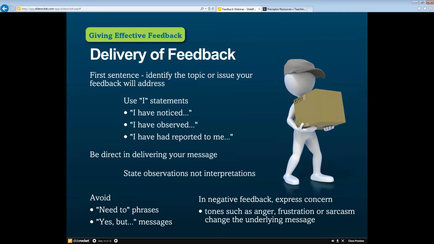The but statement, the yes-but. If you initiate your discussion and you say, you did a good job taking the history, it was very accurate, your review of systems was complete, but your cardiac exam, and then you go on, the but oftentimes negates the praise feedback that you just delivered.